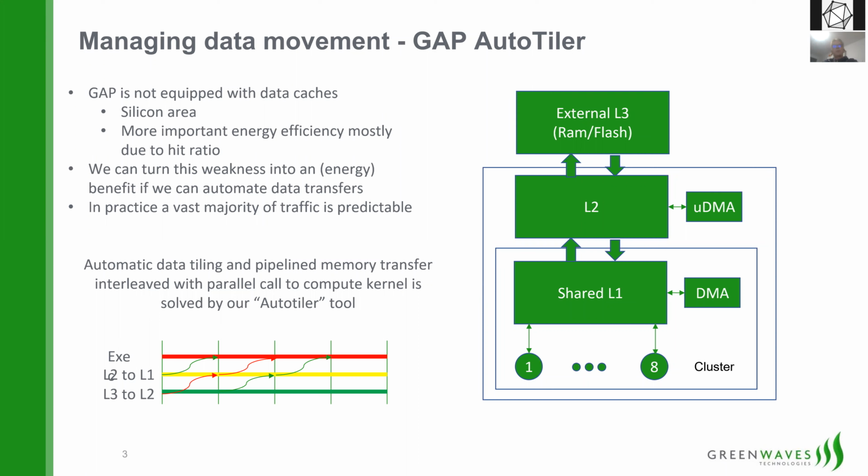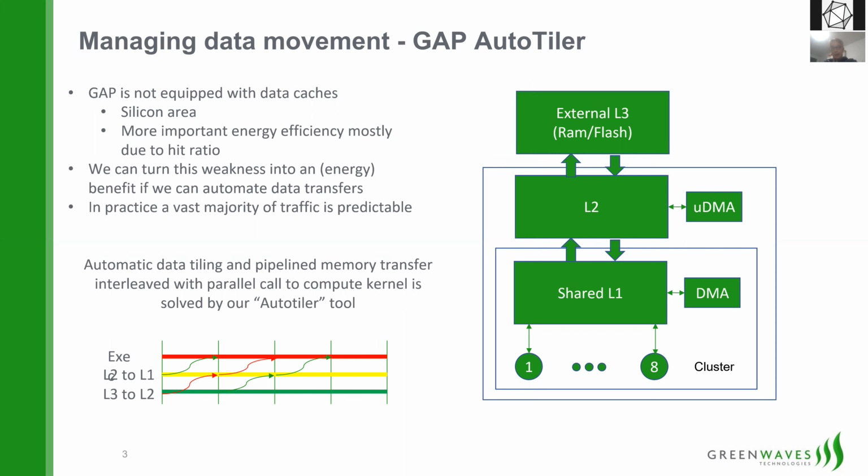So what we do is we use software tools, and particularly a tool that we call the autotiler, which is essentially a memory planning tool. It takes a model of the operations that need to be done and searches for an optimal memory movement across a memory hierarchy, whether that be external memory to the chip or internal L2 or L1 memory.